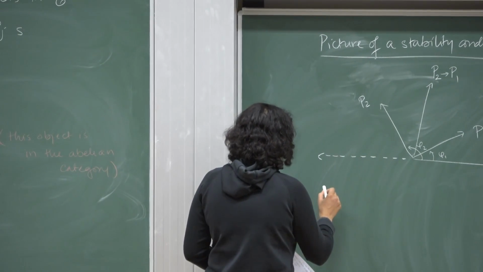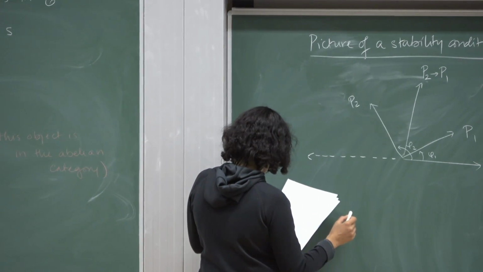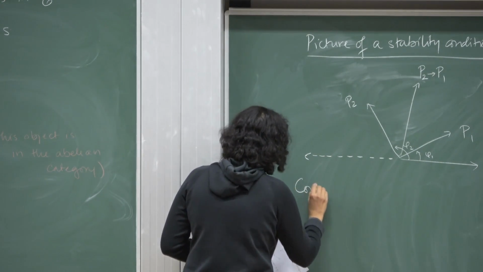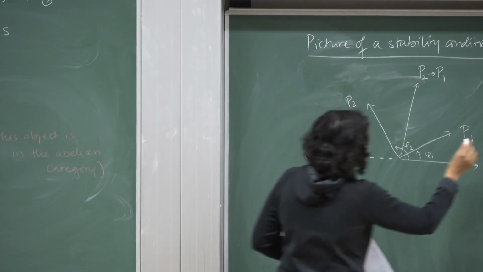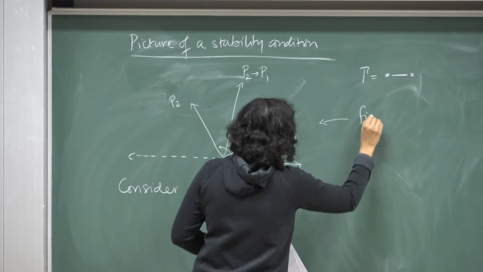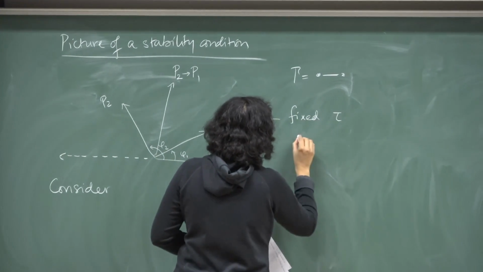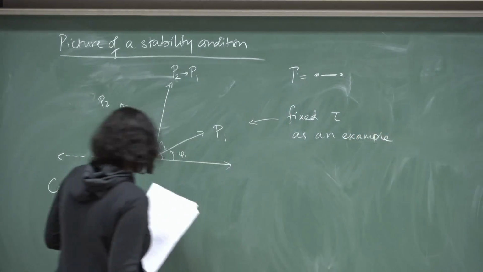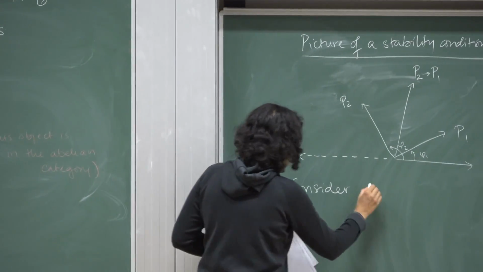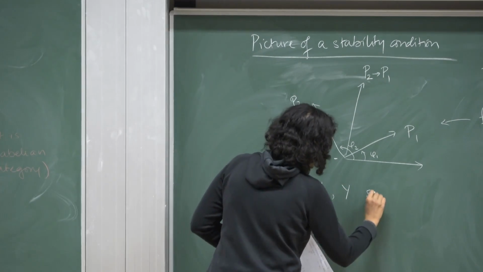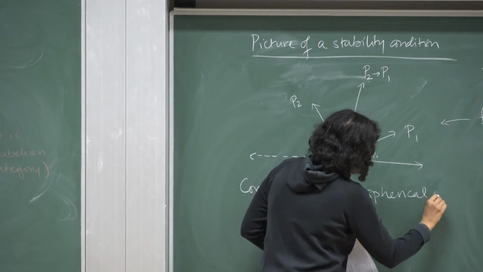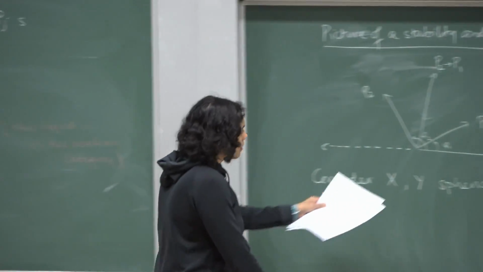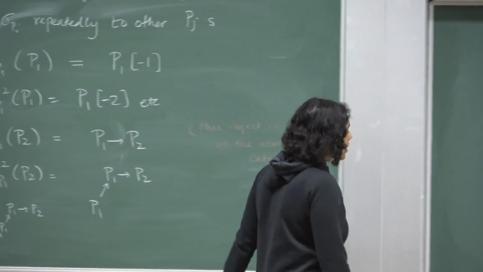Now consider this fixed tau as an example. Consider x and y spherical objects. If you like, you can take x and y to be any of these objects.